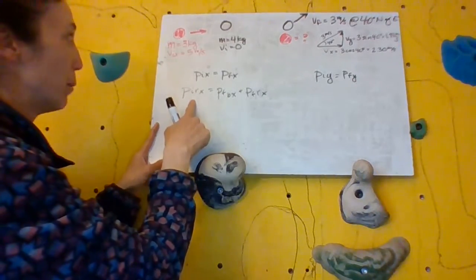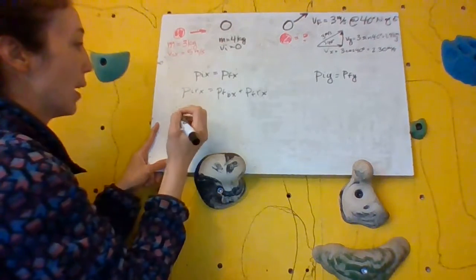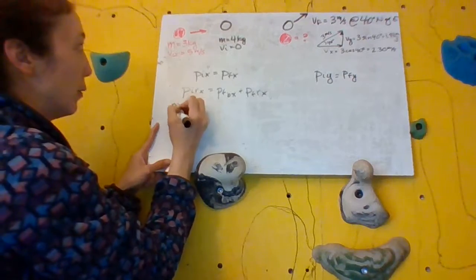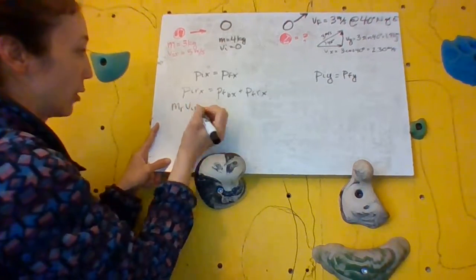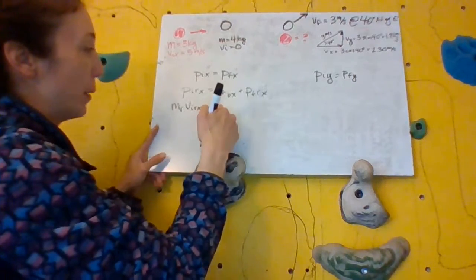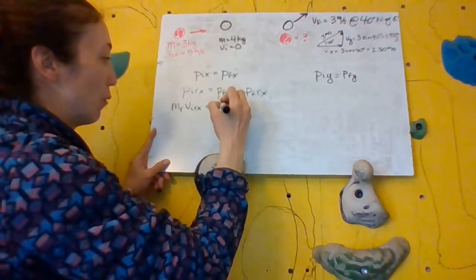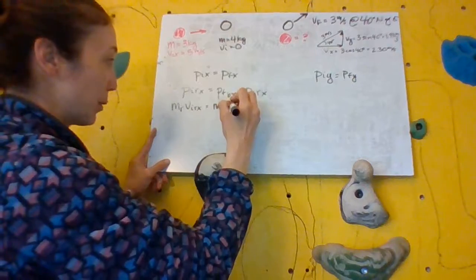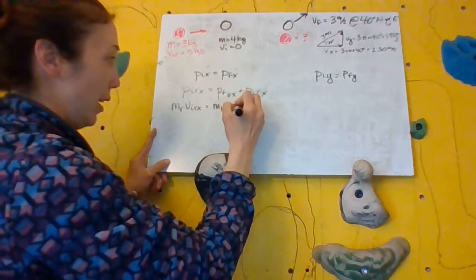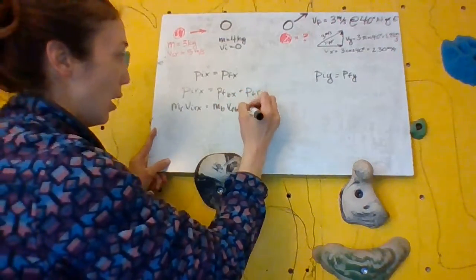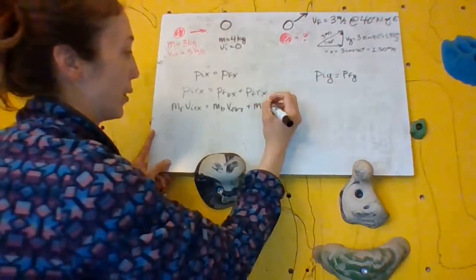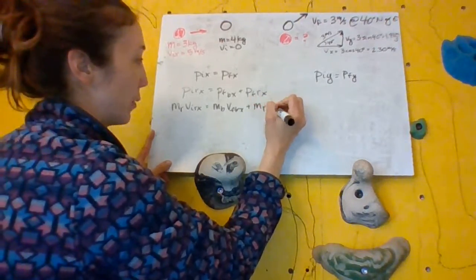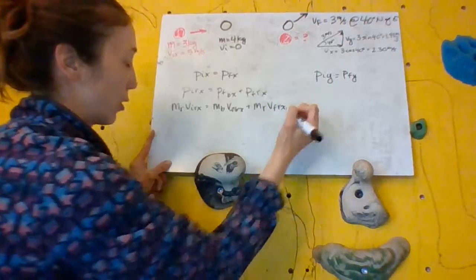Initial momentum of the red ball in the x direction is going to be mass of the red ball times velocity initial of the red ball in the x direction. Momentum of the black ball will be mass of the black ball times velocity final of the black ball in the x direction, plus the momentum of the red ball, so plus mass of the red ball times velocity final of the red ball in the x direction.